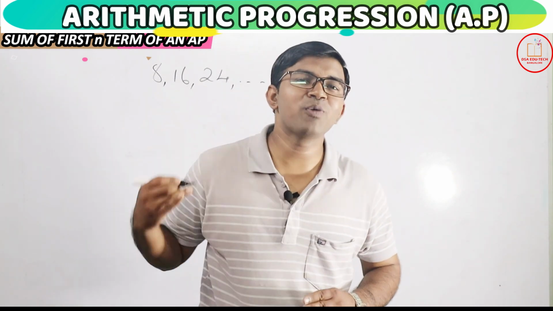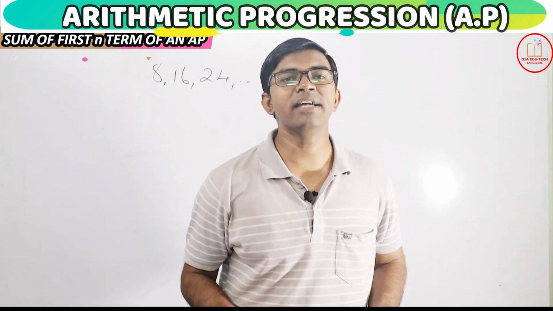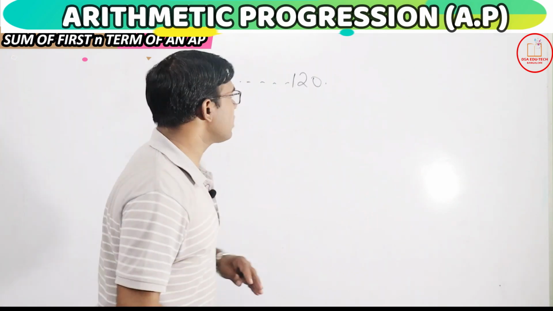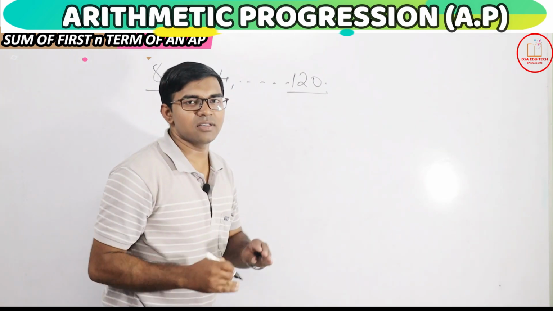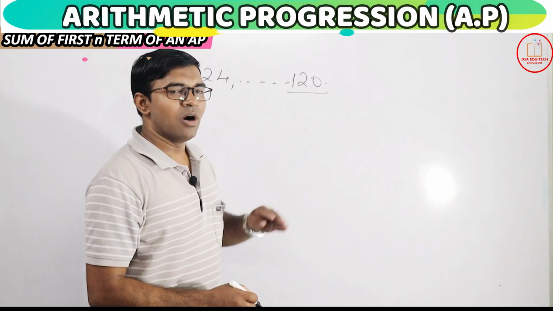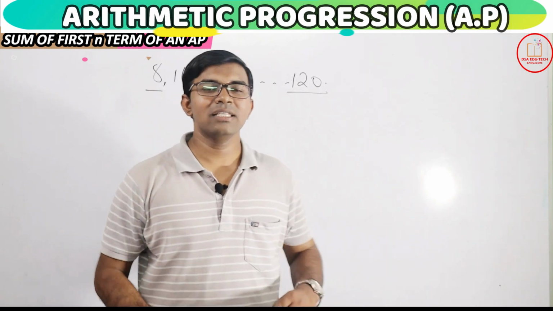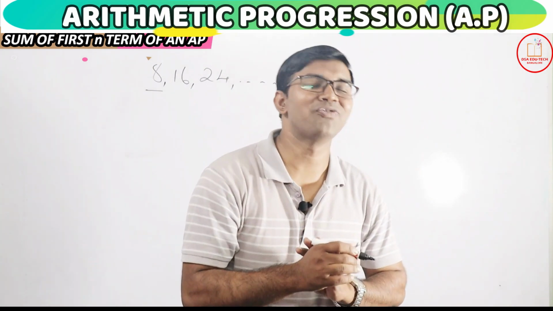Now what type of series is it? Perfect, it is a finite series. Because we know the first term and we know the last term, let me write the given data first and then we'll use the formula.